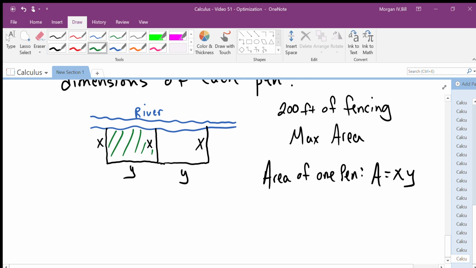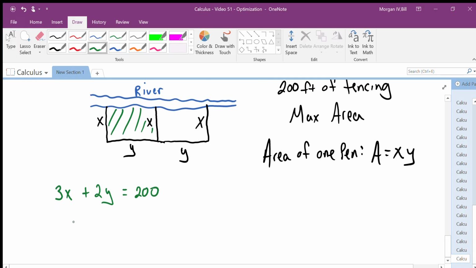And to create my pens, I have 3 X's and I have 2 Y's. And that amount of fencing is equal to 200. Okay. This is going to allow me to relate X and Y. I'm going to then solve for one of the variables, substitute it into my area equation, and then be able to take the derivative.